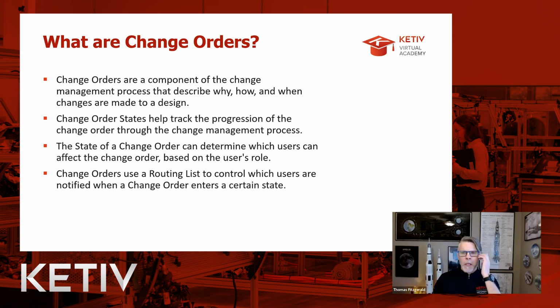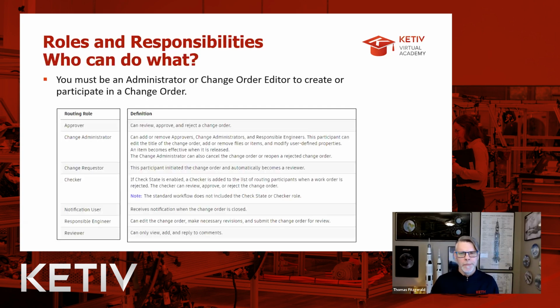Okay. So roles and responsibilities, who can do what? Inside of Vault, we have roles and responsibilities, so permissions, a security model. Each person that can access Vault has a user account where we typically assign them a role. They can check in, they can check out, but they can't delete. They can look at Content Center information or edit Content Center information, or they can't.